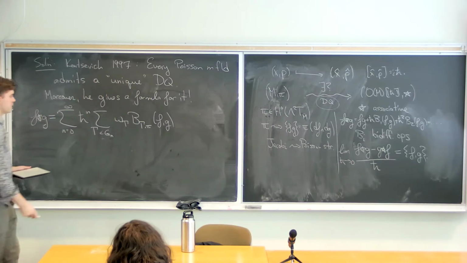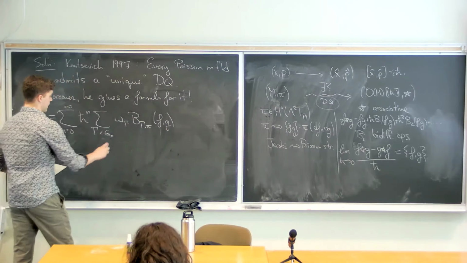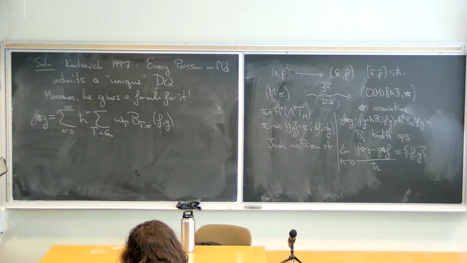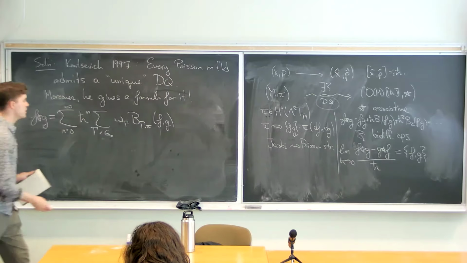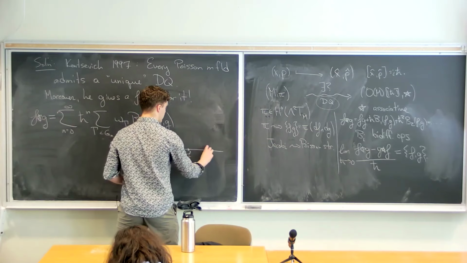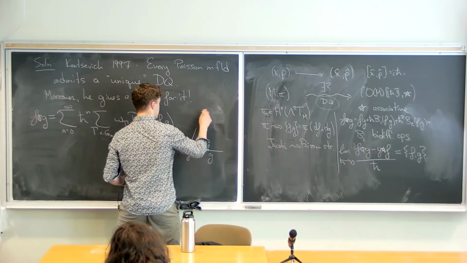So this is a bi-differential operator, which depends on a bunch of graphs. This is a complicated weight that you get by taking integrals of differential forms over configuration spaces of points in the upper half plane. So a typical graph might look something like, here's F, here's G. I can do something like this.